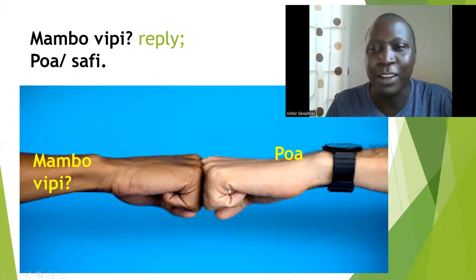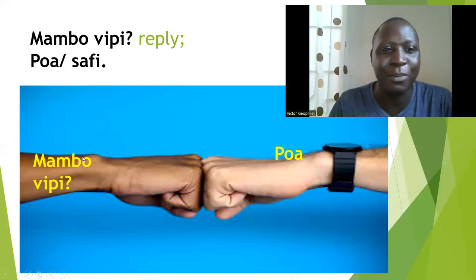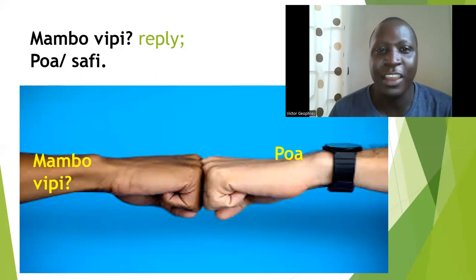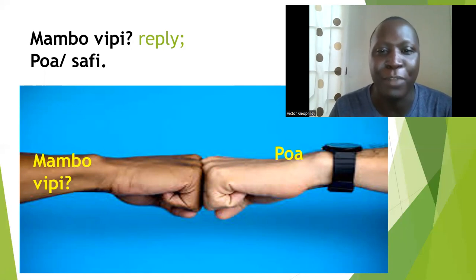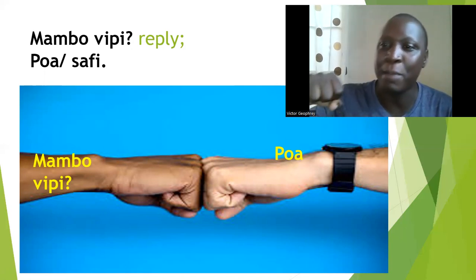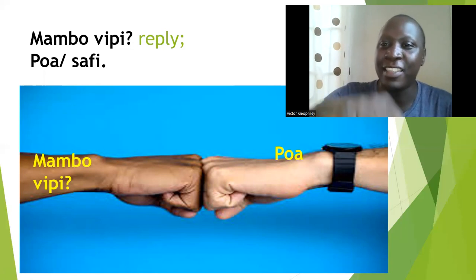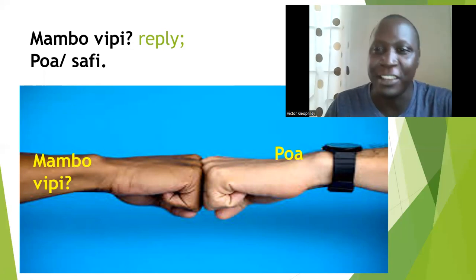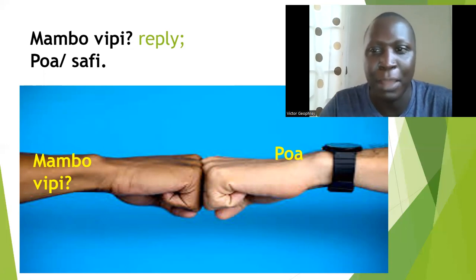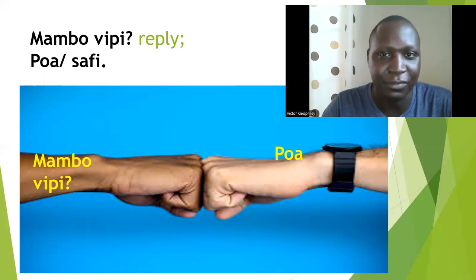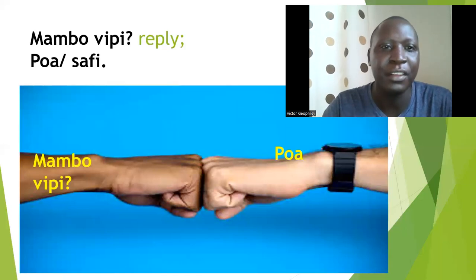This is the common word you can use to anyone, the youth, the one you are familiar with, your age mate, your friend, your relative, the one that you are close with. You use the word mambo vipi.